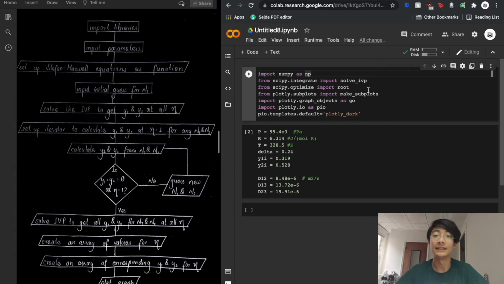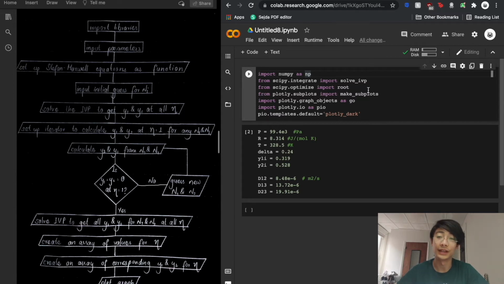And then again, from the scipy.optimize library, we imported the root function, and what this is going to allow us to do is help us obtain the actual value of n1. We're going to see a little bit later how that's going to happen. After that, we imported the make_subplots function from the plotly.subplots library. This is only so that we can actually plot the graph.